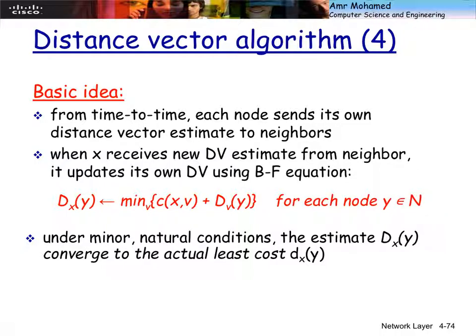These neighboring nodes will use this cost to calculate the distance between itself and any other node in the network, and then select the one with the minimum cost. And this way is distributed. But remember here that you have distances, but you don't have states of the links. So you have a lump sum of distances between nodes, but you don't have the individual state of the links. And that's the main difference between link state and distance vector. Okay?